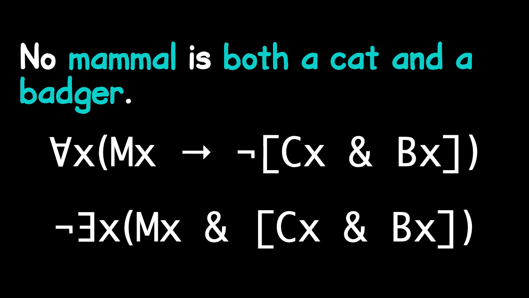So we translate using the same structures, even though both a cat and a badger requires a couple of different predicates held together on its own. Using the universal quantifier, we write for all X, MX, arrow, not, CX and BX. Using the existential quantifier, we write there does not exist an X, MX, and CX and BX.